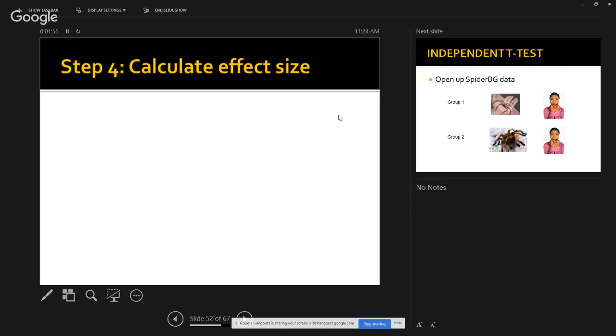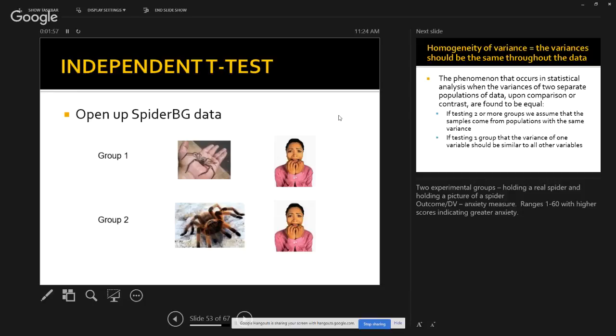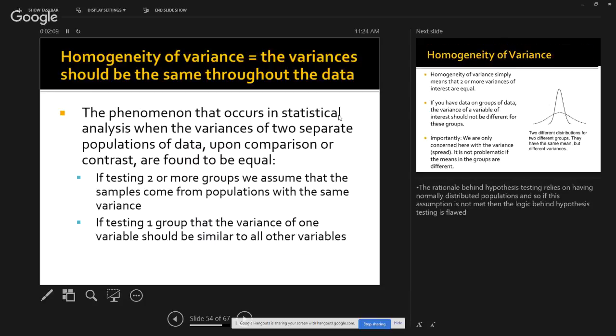And we do the effect size. So our independent now, though, is spider. We have spiders. We have group 1 looked at the real spider or held the spider. Group 2 looked at a picture. Now, one slight difference here is we have to care about homogeneity of variance. Okay, it's an assumption. We learned this on the very first day.